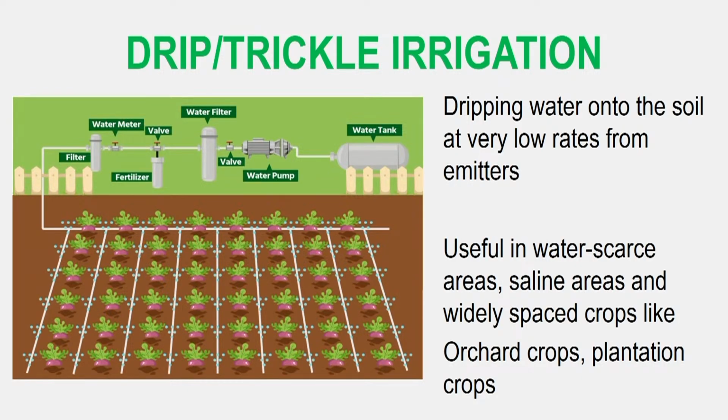For this reason this irrigation is called drip irrigation, and it is particularly useful in water scarce areas, saline areas, or in case of widely spaced crops like orchard crops as well as plantation crops. So drip as well as sprinkler irrigation are combinedly called the micro irrigation method.